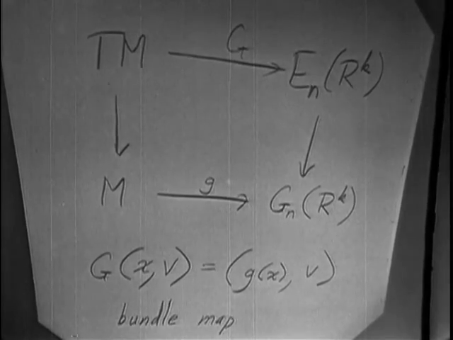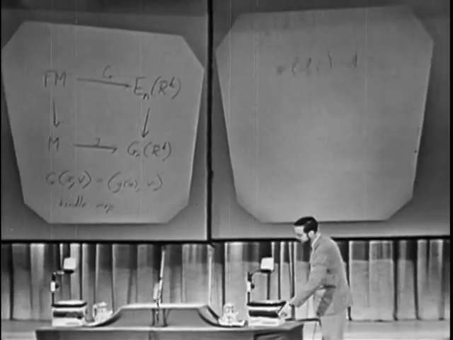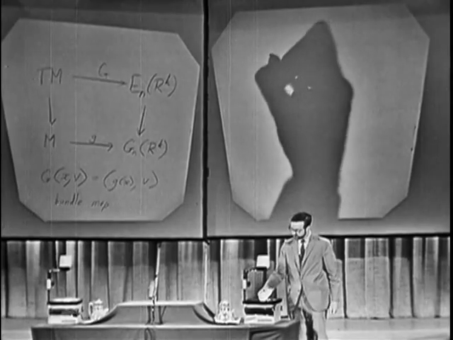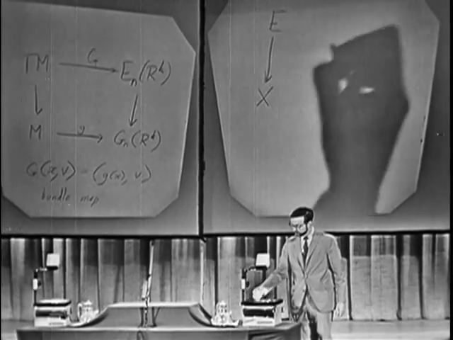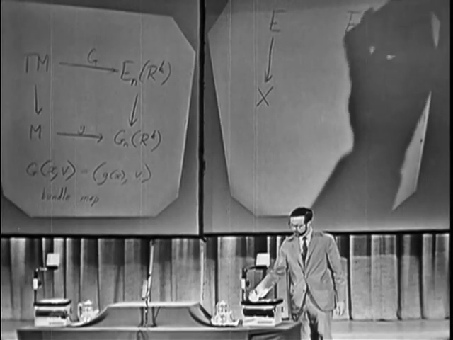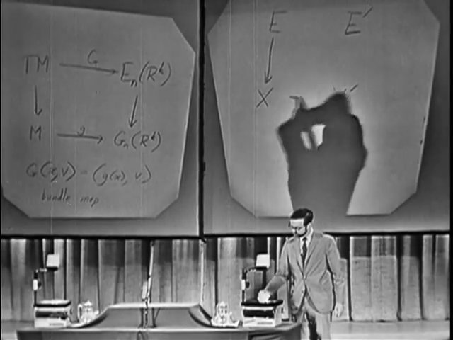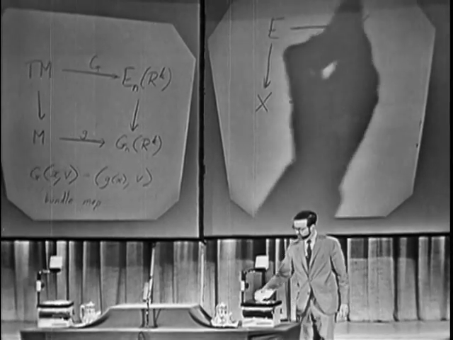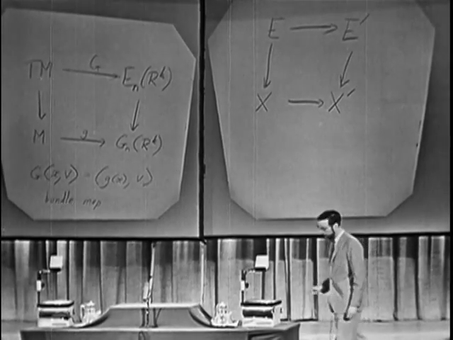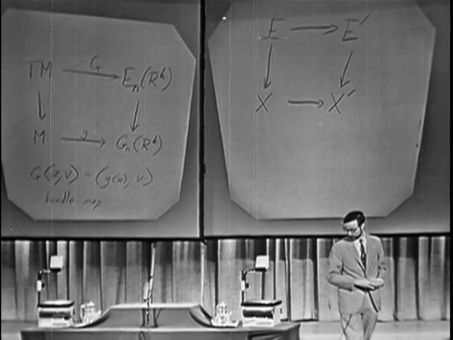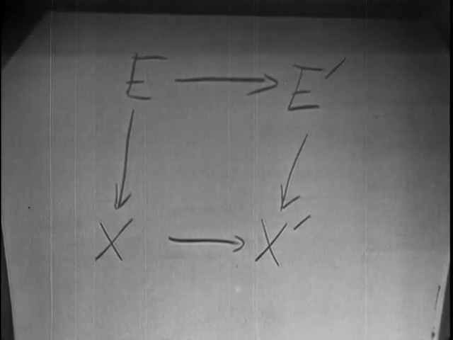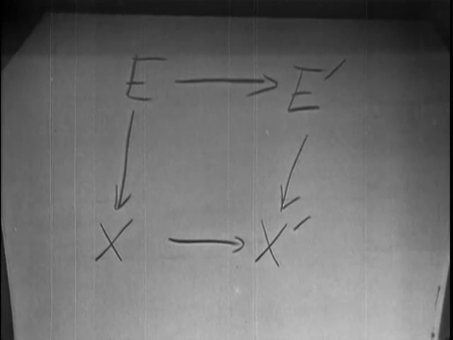Perhaps I should try to explain the general notion of a bundle map. We have one fiber bundle and a second fiber bundle. Then such a commutative diagram is called a bundle map if each fiber here gets mapped isomorphically onto the corresponding fiber here, isomorphically as a mapping of vector spaces.